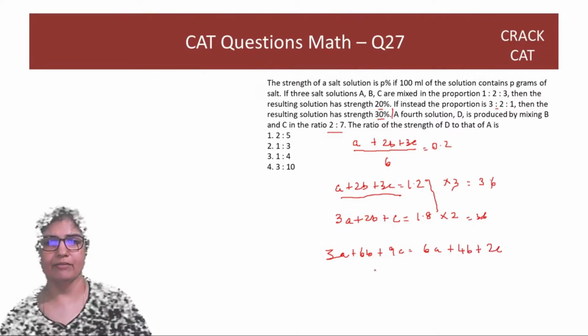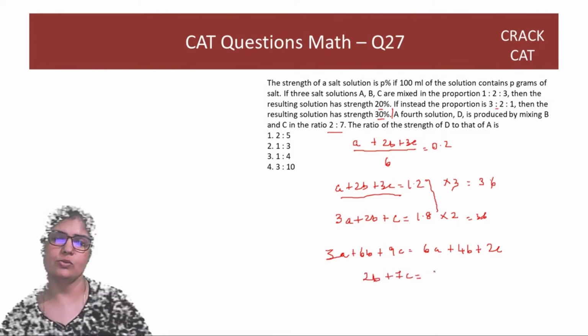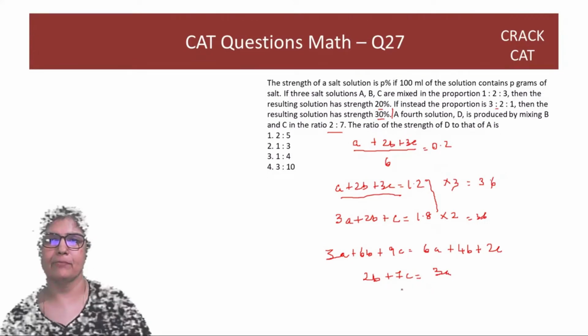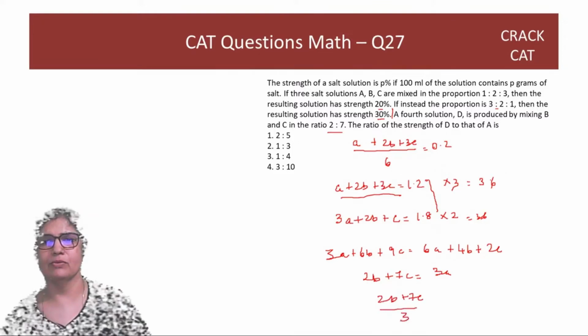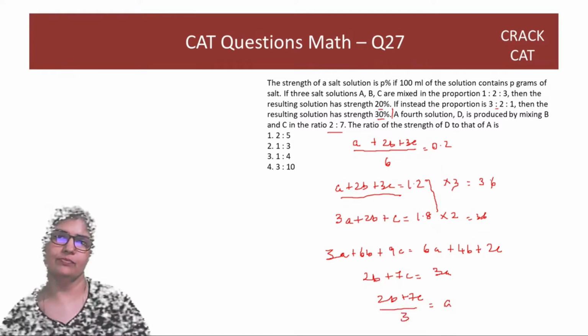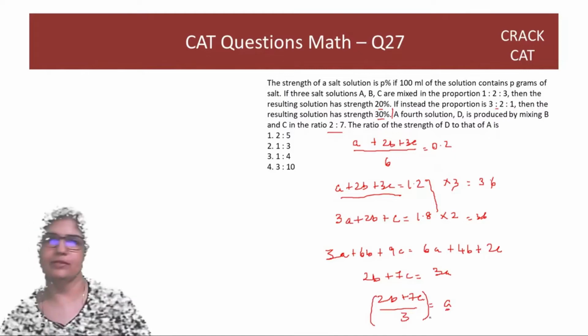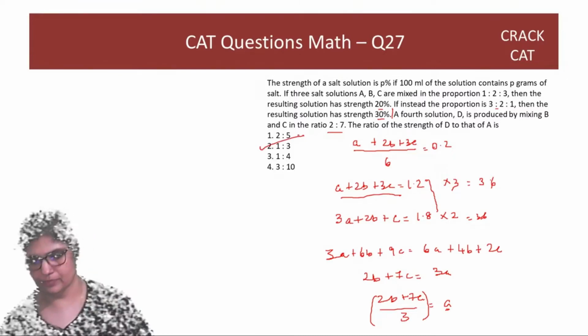So now getting everything right, you get 2B plus 7C is equal to 3A. That means 2B plus 7C divided by 3 is equal to A. So D's strength is 1/3 of A's strength, right? So 1:3. Right, great.